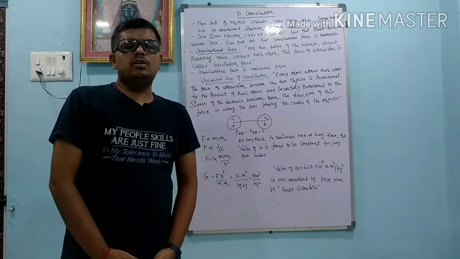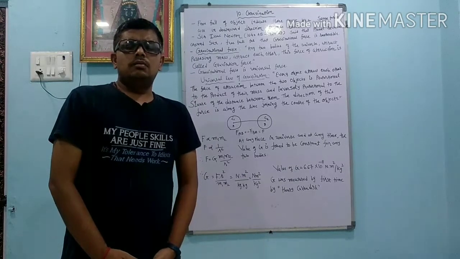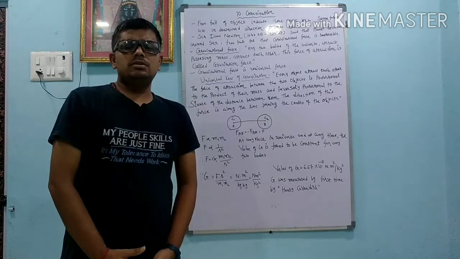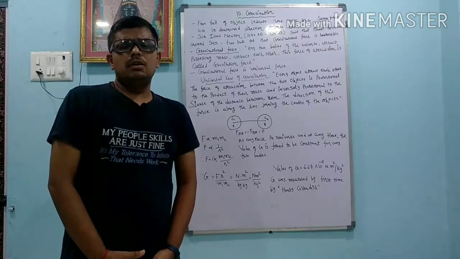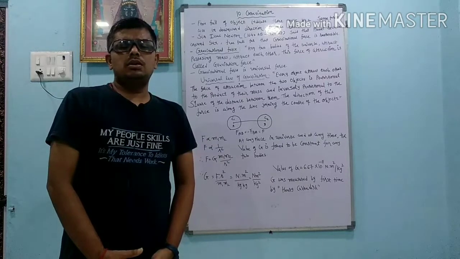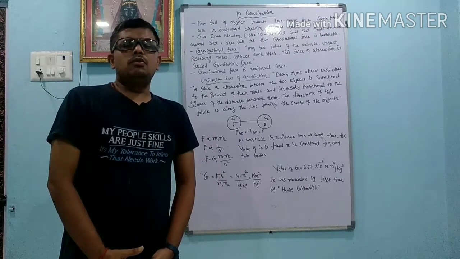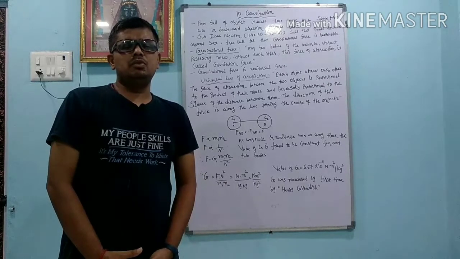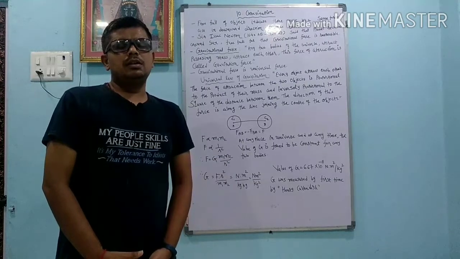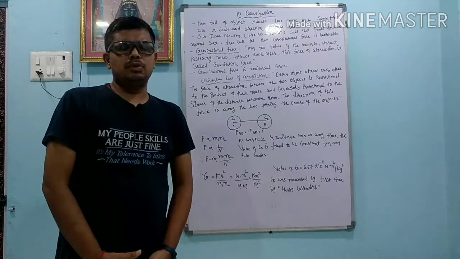Why does the earth rotate around the sun? Why do all planets rotate around the sun? Why does the sun rotate around the galactic center? For that, the answer is what? Gravitation force. For a higher standard, maybe you will learn some other theory like Einstein's special theory of relativity, but for the lower standard, we will understand that gravitation force is responsible for that.